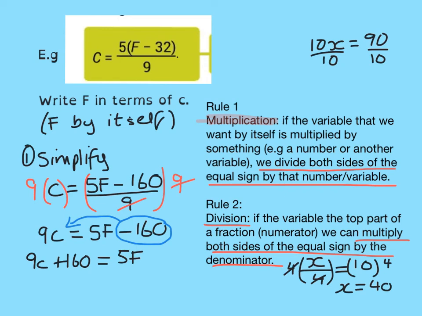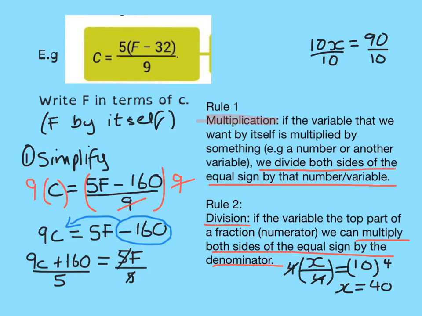I'm not finished now. I have a problem because I have a 5 in front of that f. So what I'll have to do, and again this comes from when we were solving linear equations, is simply divide both sides by 5 to simplify that. And then those two 5s will cancel.